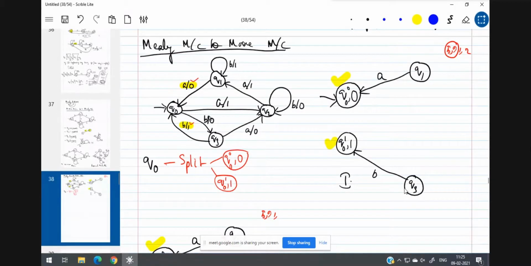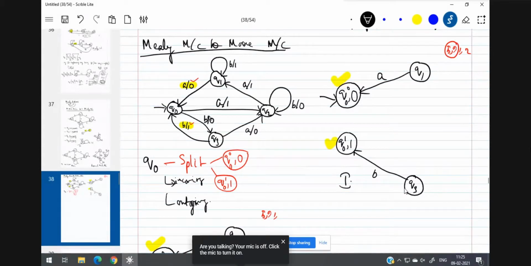What about the outgoing part? There are two. This was regarding the incoming part. And what about the outgoing arcs? It's there: Q0 to Q2, and then Q0 to Q3.